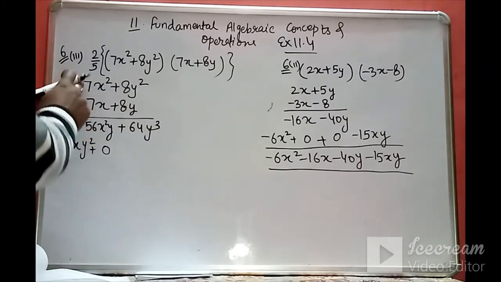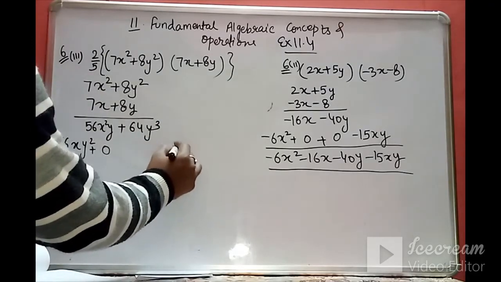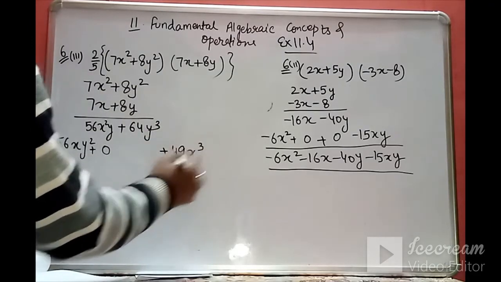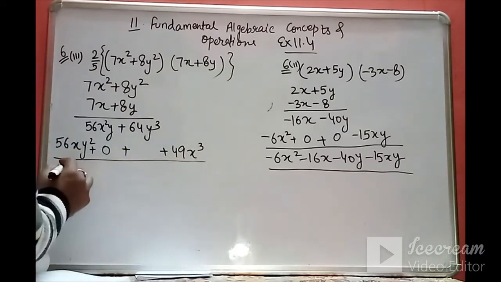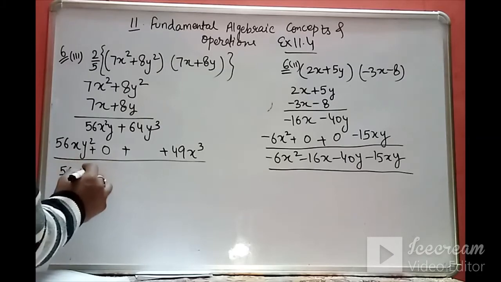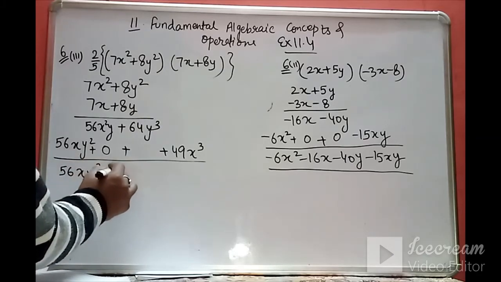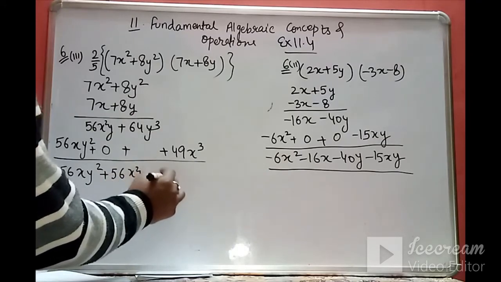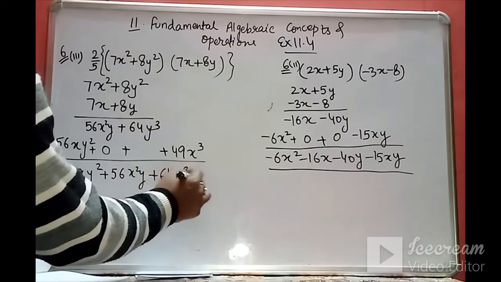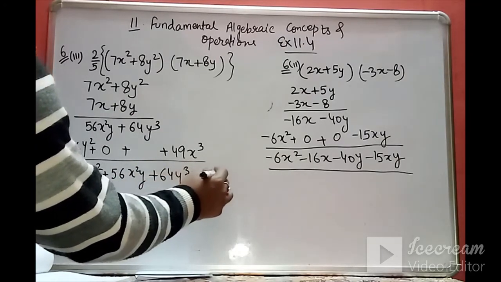And 7 into 7 is 49, so 49x cube, we have to write it like this. So what we will get: 56xy square plus 56x square y, 64y cube plus 49x cube.